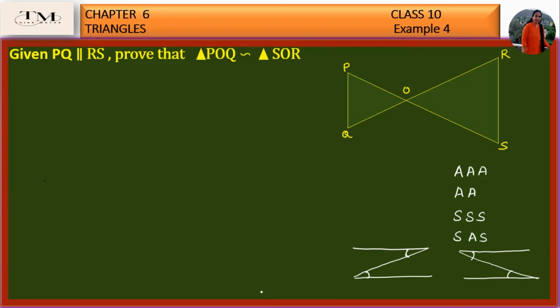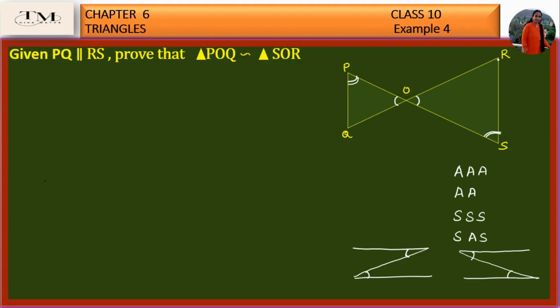So this we have proved. Also we know that vertically opposite angles are equal. So angle O is common: angle POQ is equal to angle SOR. PS is the transversal line, so angle P will be equal to angle S because alternate interior angles are equal.